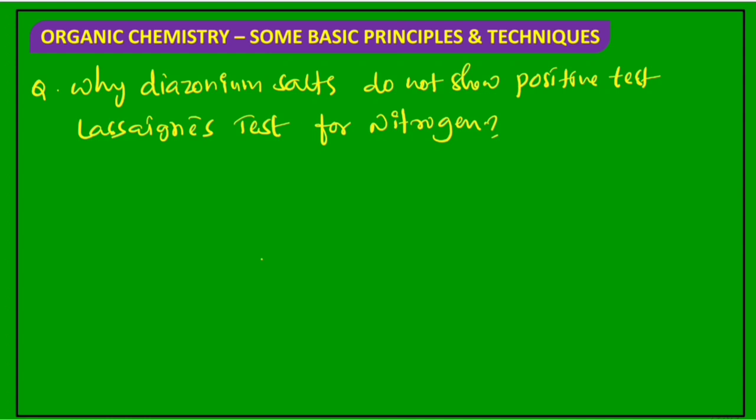Why do diazonium salts not show a positive Lassaigne's test for nitrogen? What is the reason? Generally, diazonium salts are unstable and lose nitrogen as N2 on heating.